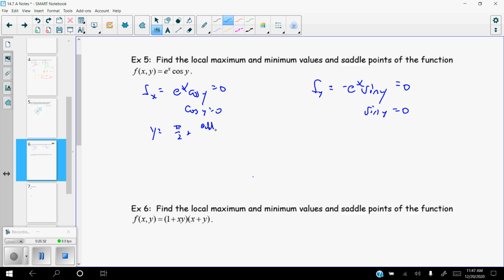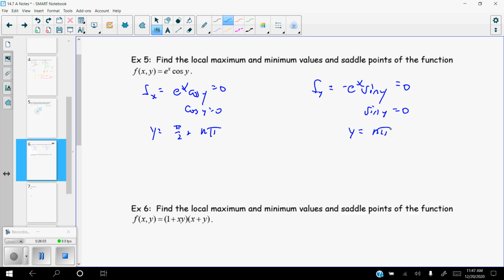You would add pi to pi halves. Jeez, that was right in the first place. And then sine of y is going to equal 0 at 0, pi, 2 pi, and so on. So basically it is every n pi.